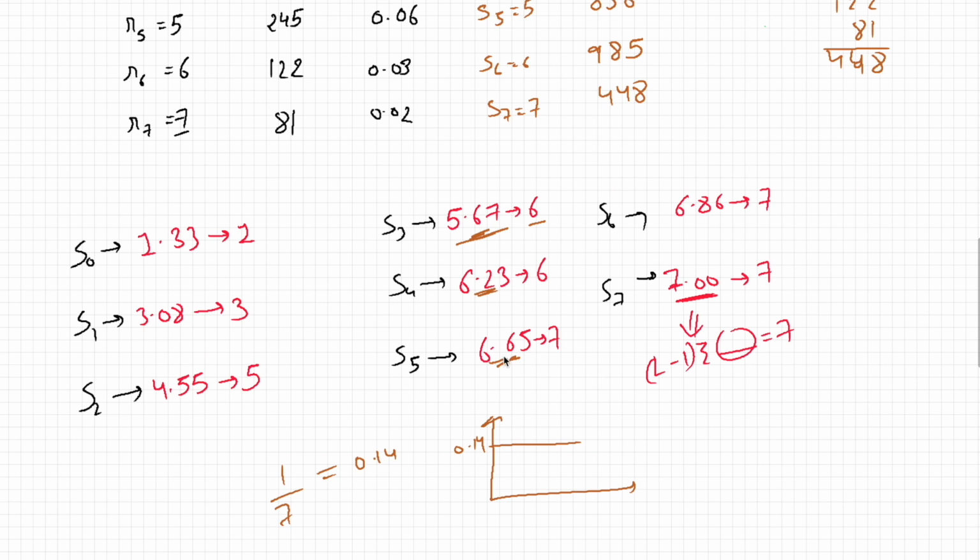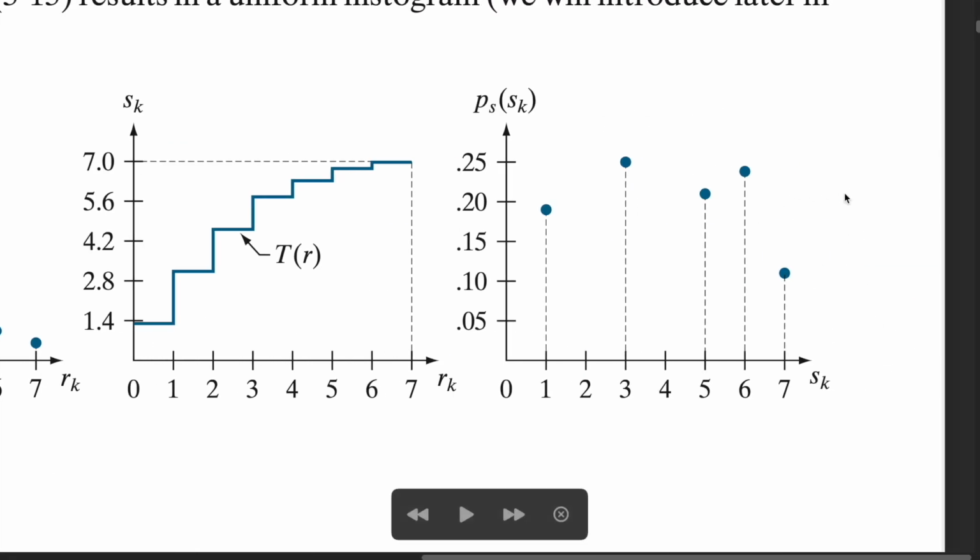As of now all the allowed pixel values were 0, 1, 2 up to 7. Maybe if I had 0, 0.1, 0.2, all the possible values, in that case the histogram would have been much closer to the theoretical value, much flatter.